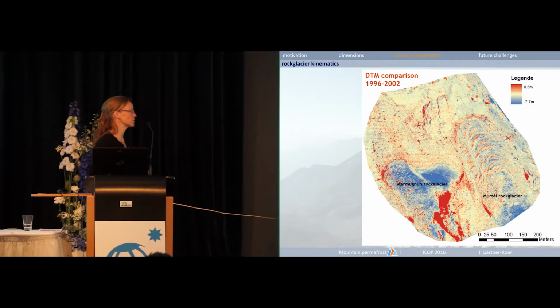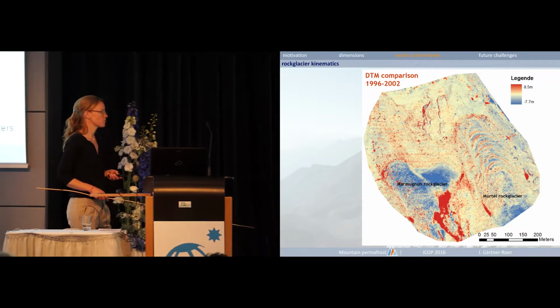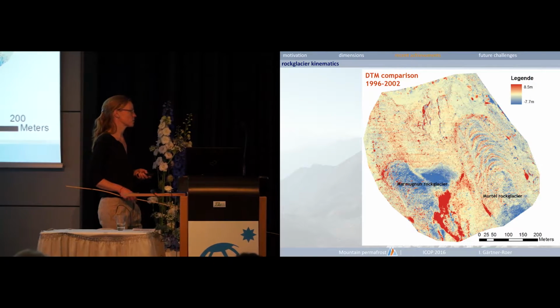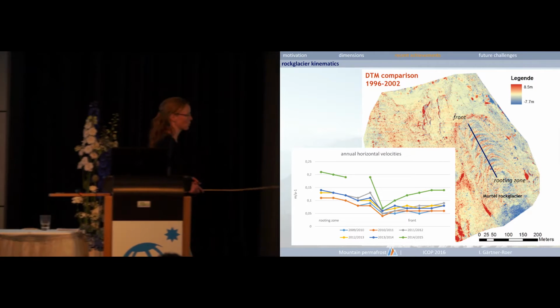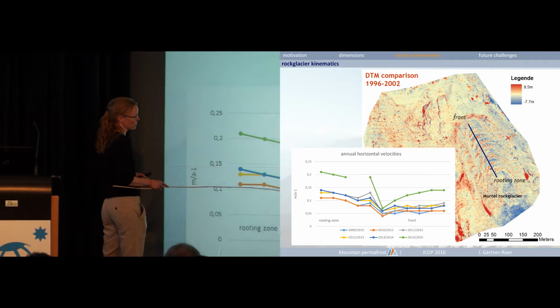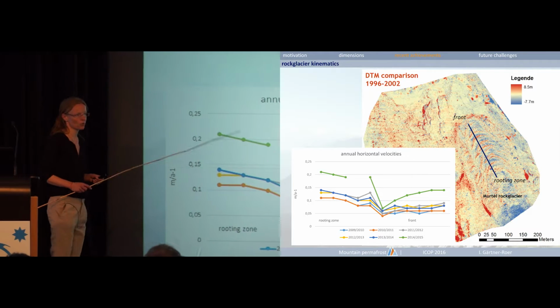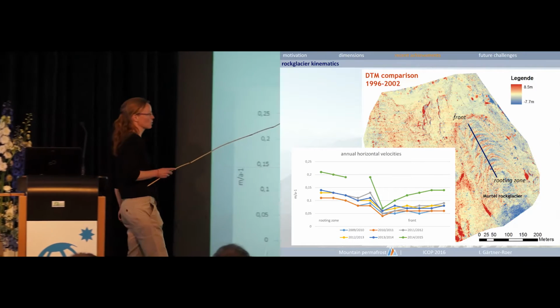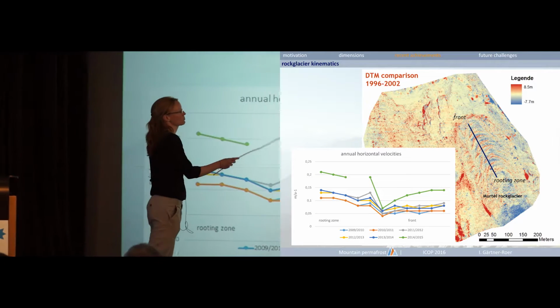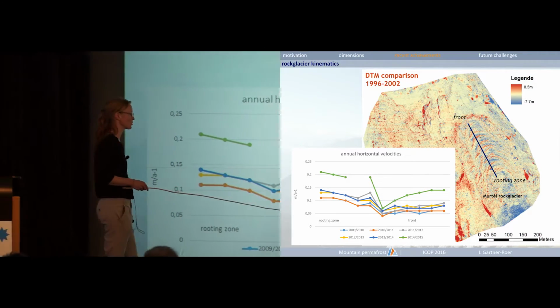So in addition to this spatial measurement using aerial images or drone images, we also go there at least annually to have some high precision data with the total station or the DGPS. And you see here the annual horizontal velocities monitored over this profile from the rooting zone to the front.